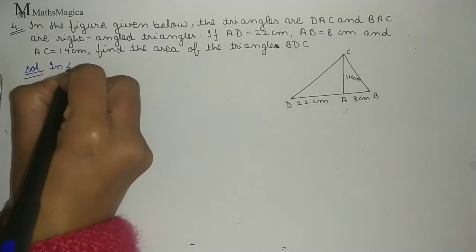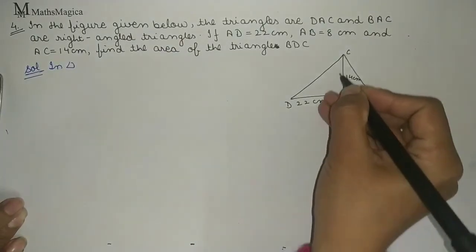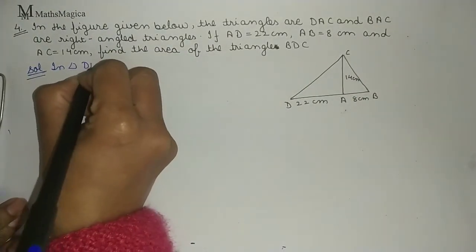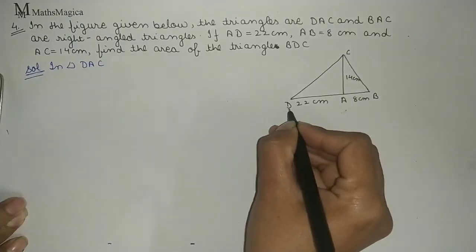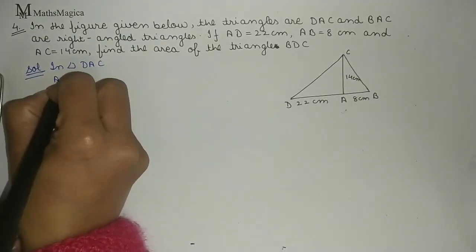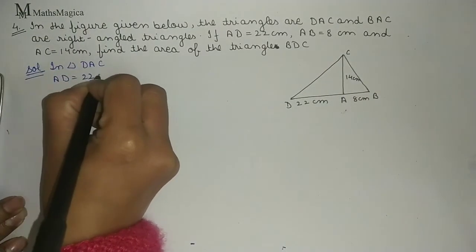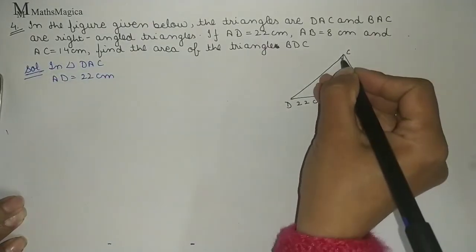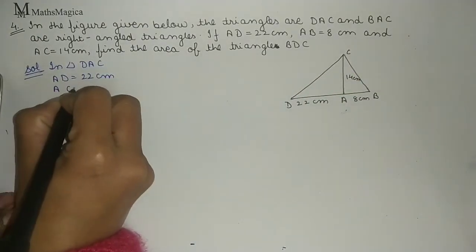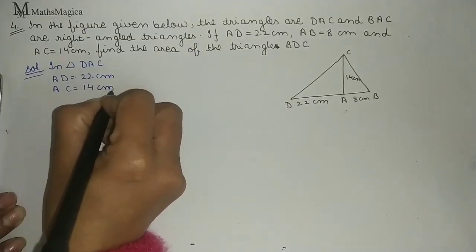in triangle DAC, AD is 22 cm, AC is 14 cm.